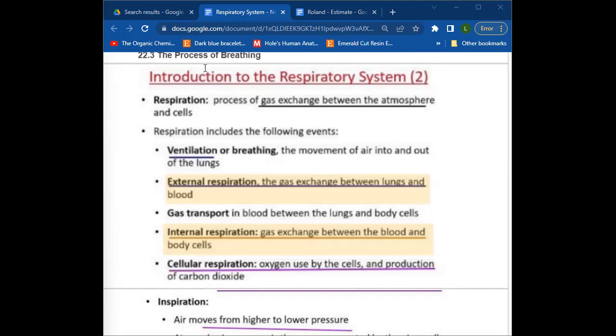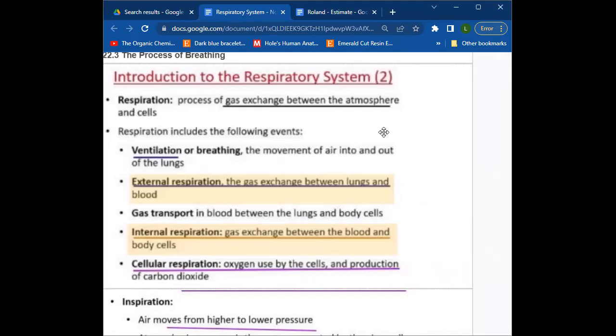Then once air is in the lungs, there needs to be an exchange, a gas exchange.